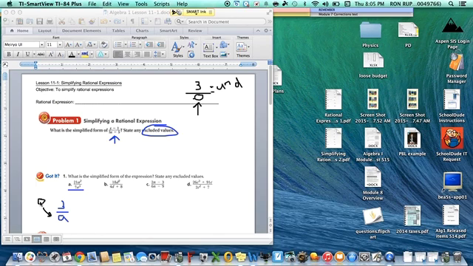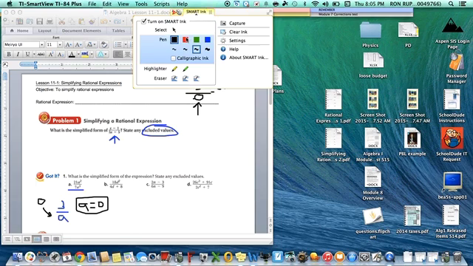If you substitute 0 in for A, it makes it undefined. So A equals 0. That is our excluded value. A can be any other number in the world, positive or negative, as long as it's not 0.